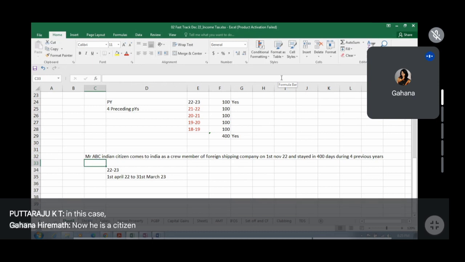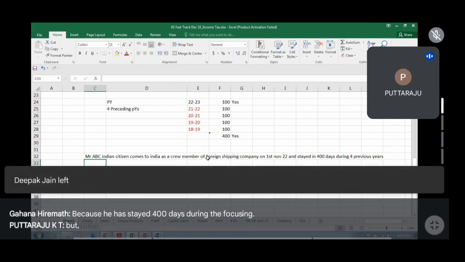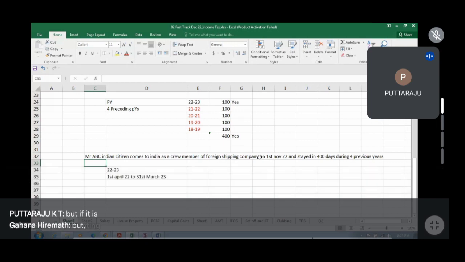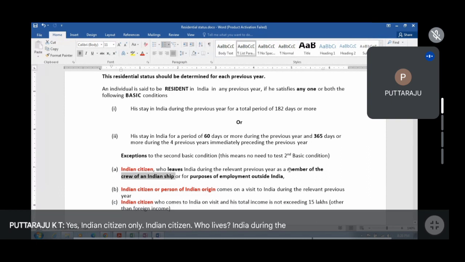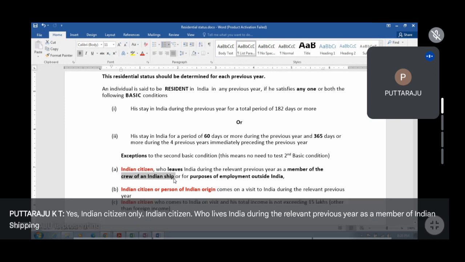But it is saying foreign shipping company. Yes, Indian citizen who leaves India during the relevant previous year as a crew member of an Indian shipping company, then you need not see the second one.